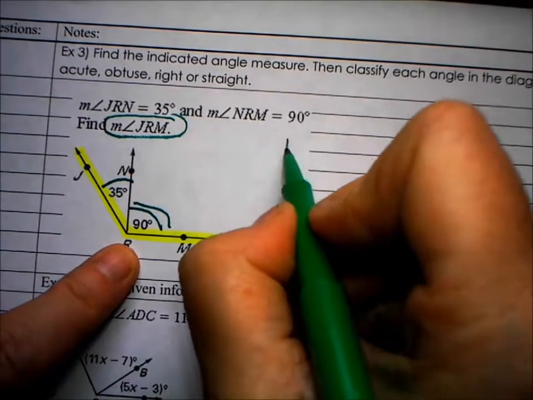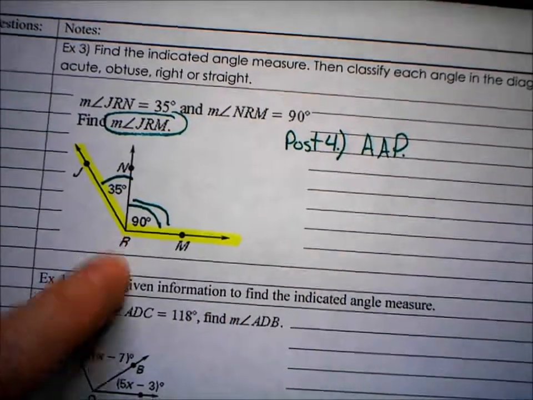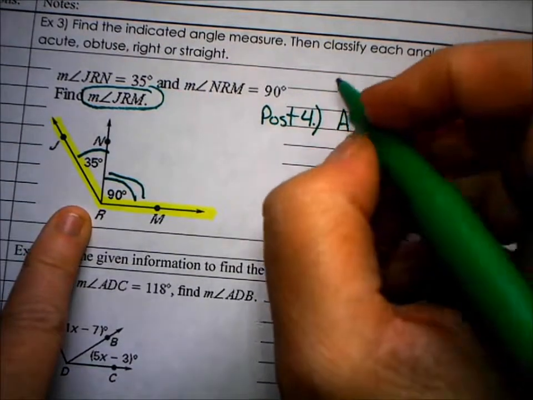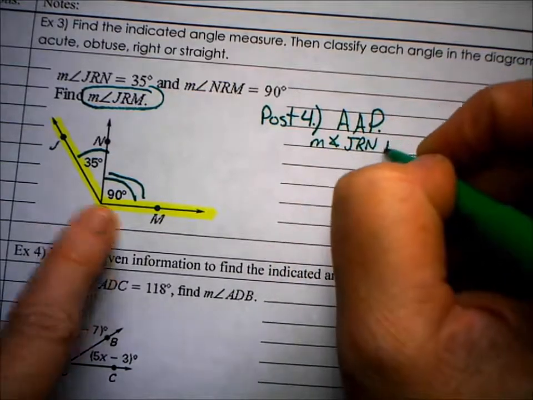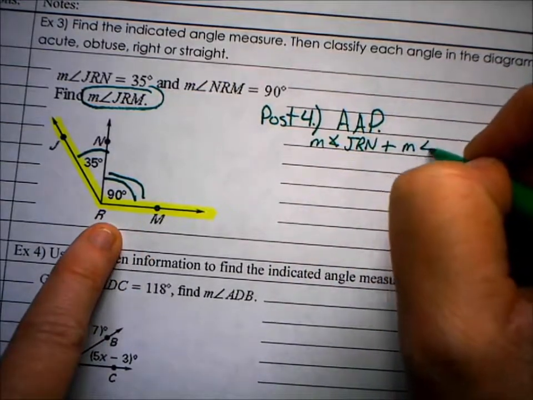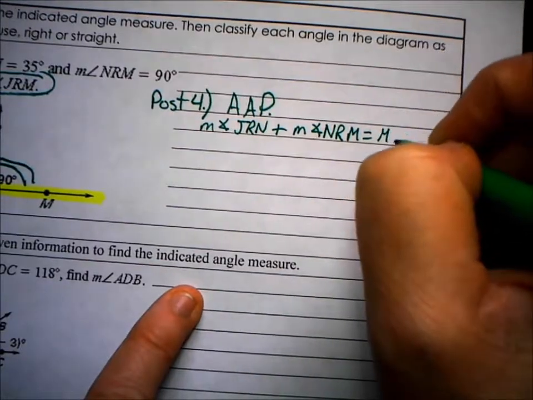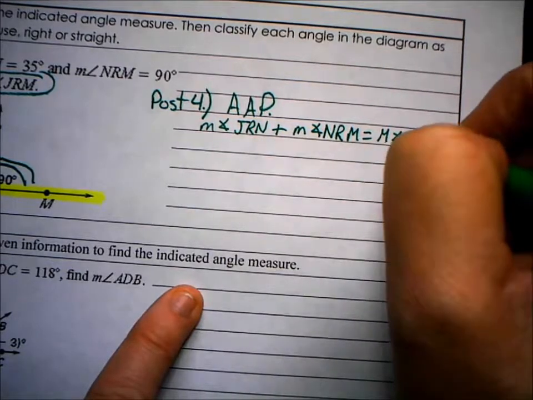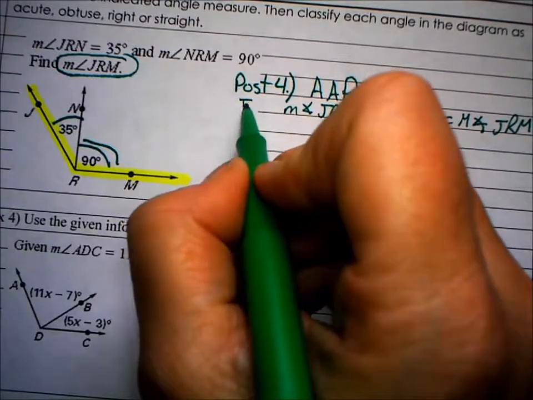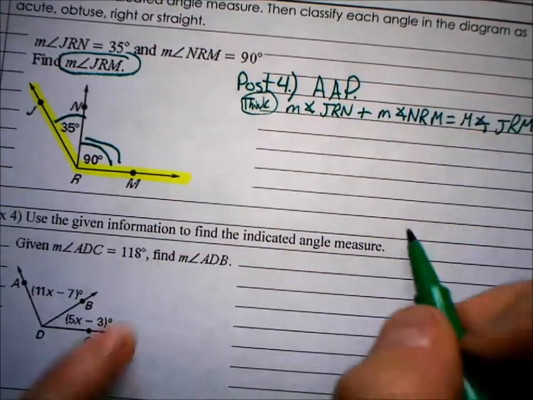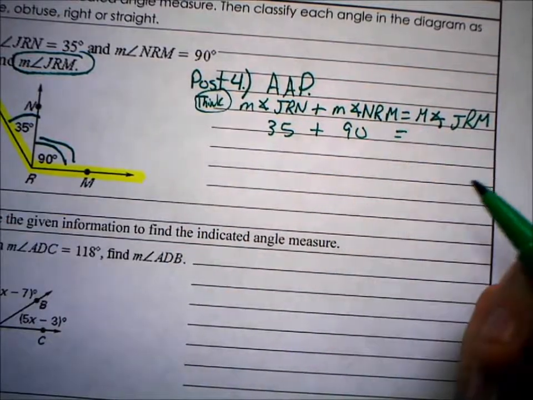So using postulate 4, my angle addition postulate, I'm going to take the measure of angle JRN and add to it the measure of angle NRM, and it's going to give me the measure of my angle JRM. This is my thinking stuff. So plug it in. That'd be 35 plus 90.